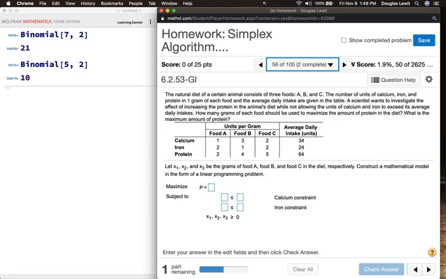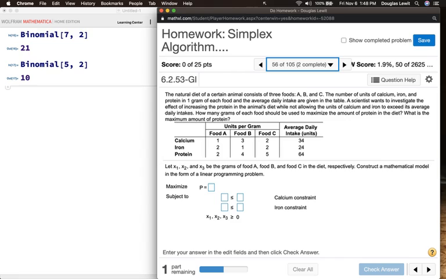Okay, so this can get a little complicated. This is your typical linear programming maximization problem. This is not a minimization problem, this is a maximization problem. So in this section, in this unit or chapter, whatever you want to call it, you have maximization problems and you have minimization problems.